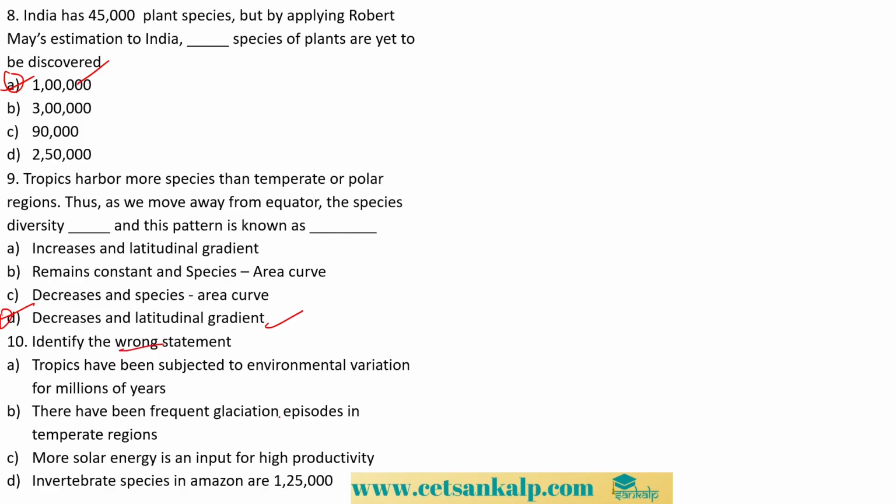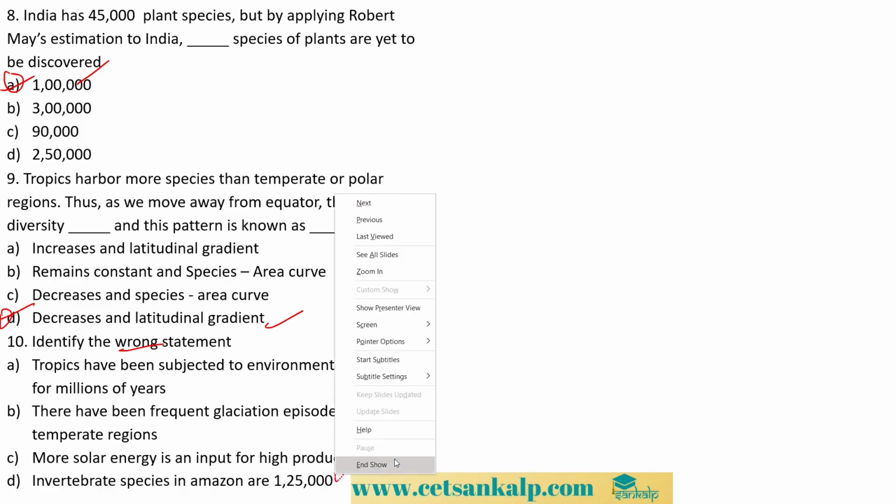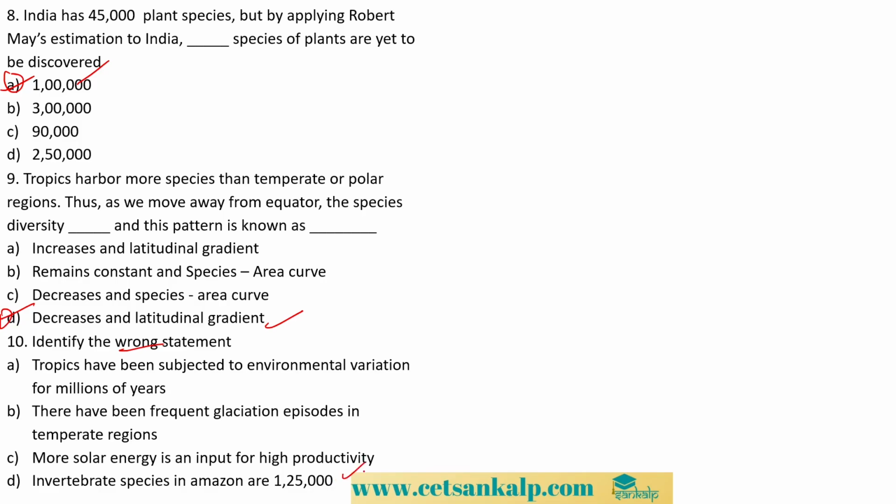We already saw that in the Amazon there are around 1,25,000 invertebrates, and the more the solar energy, the higher the productivity. Even this statement is true. And glaciation episodes have been more observed in temperate regions. That is also a true statement.